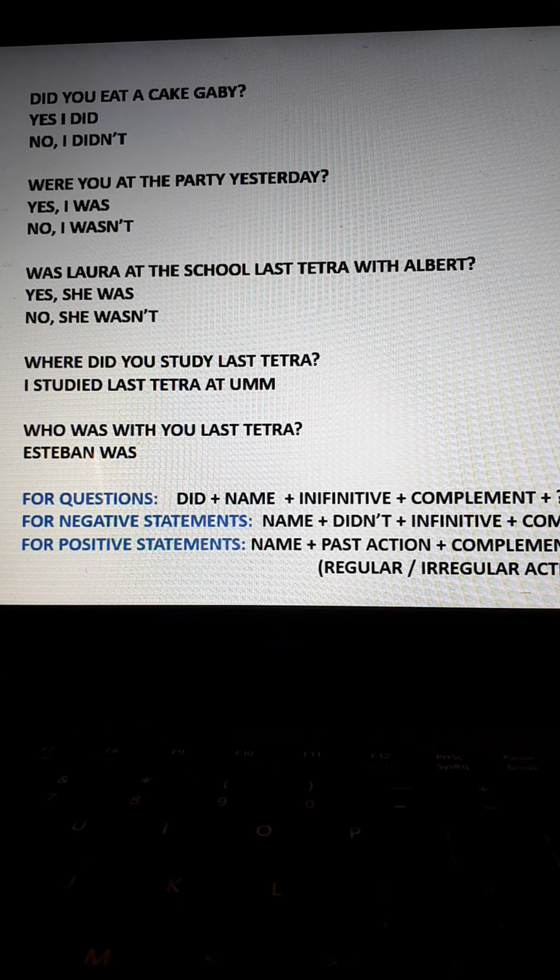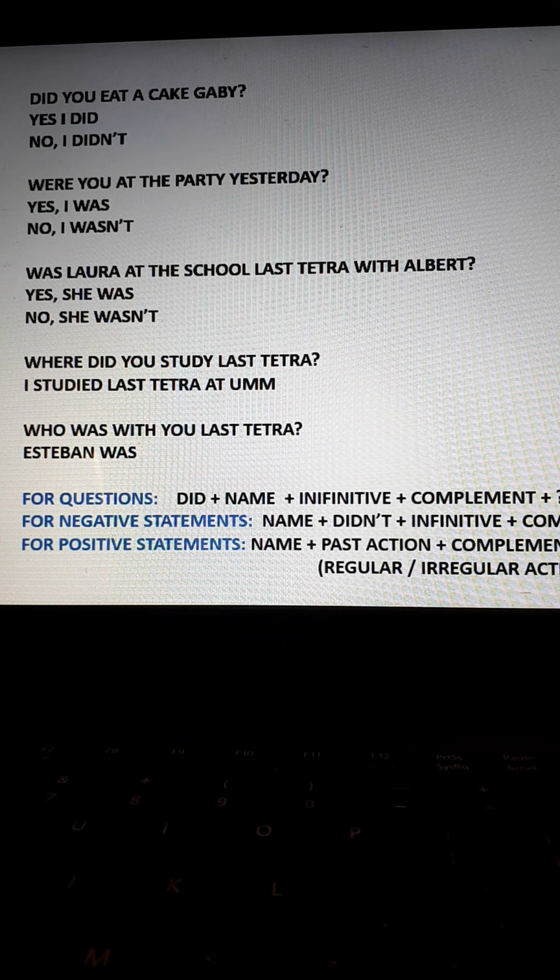Where did you study last semester? I studied last semester at UMA. Like, these are open questions. The answer is not going to be yes or no. It's going to be an open answer.